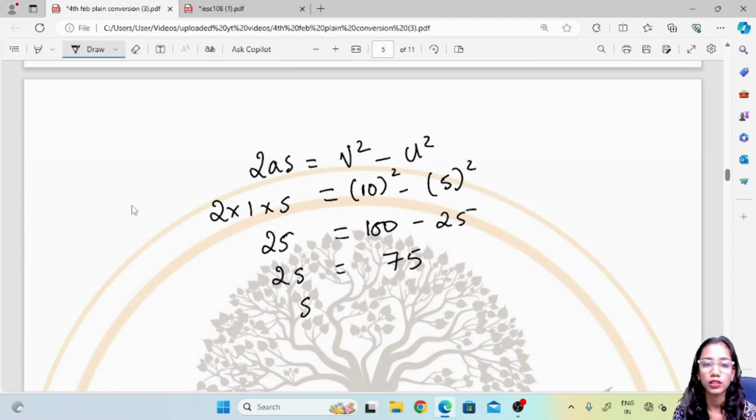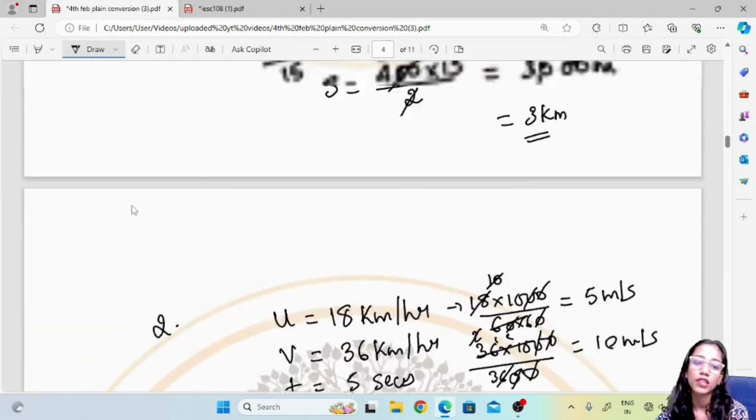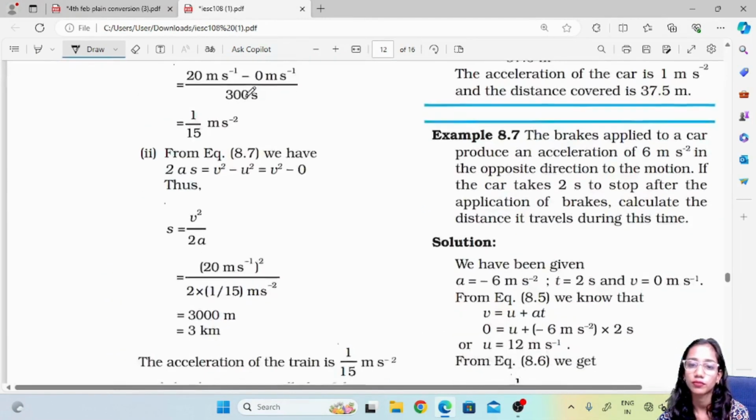So s will be 75 upon 2, which is 37.5 meters. So this is how we are solving the problems.